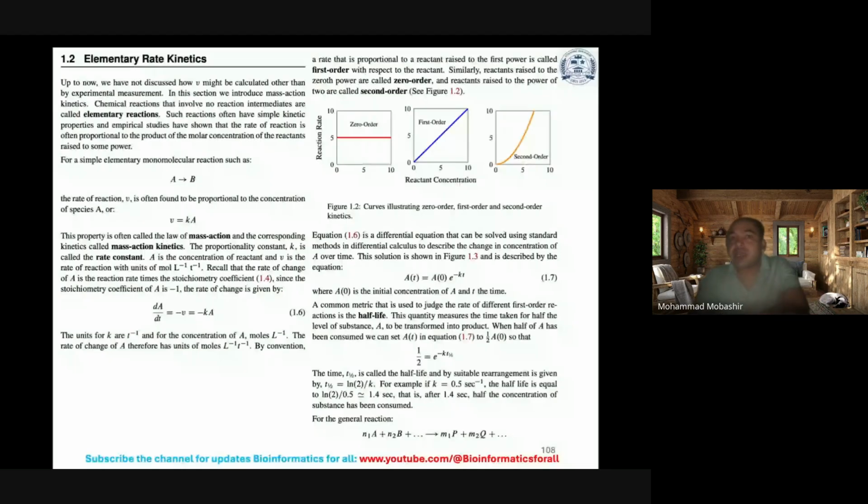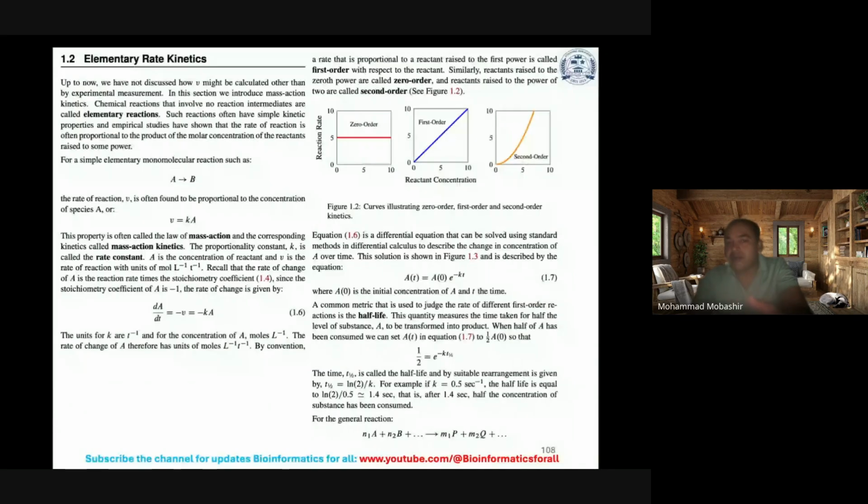A rate that is proportional to a reactant raised to the first power is called first order with respect to the reactant, the reactant raised to the zeroth power is called zero order, and the reactant raised to the power of 2 is called second order. This is what you can see here. In a similar way, the reaction rates will be different for all three order reactions.